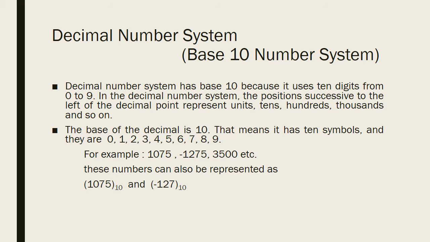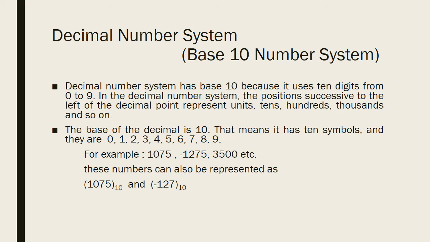In decimal number system, the positions successive to the left of the decimal point represent units, tens, hundreds, thousands and so on. The quantities that you count here are represented as 1075, negative 1275, and 3500 and so on.